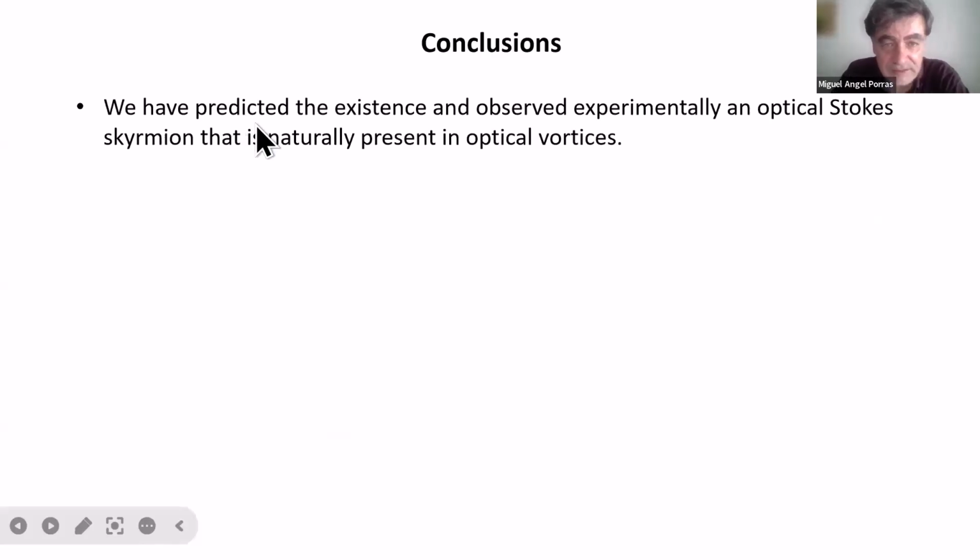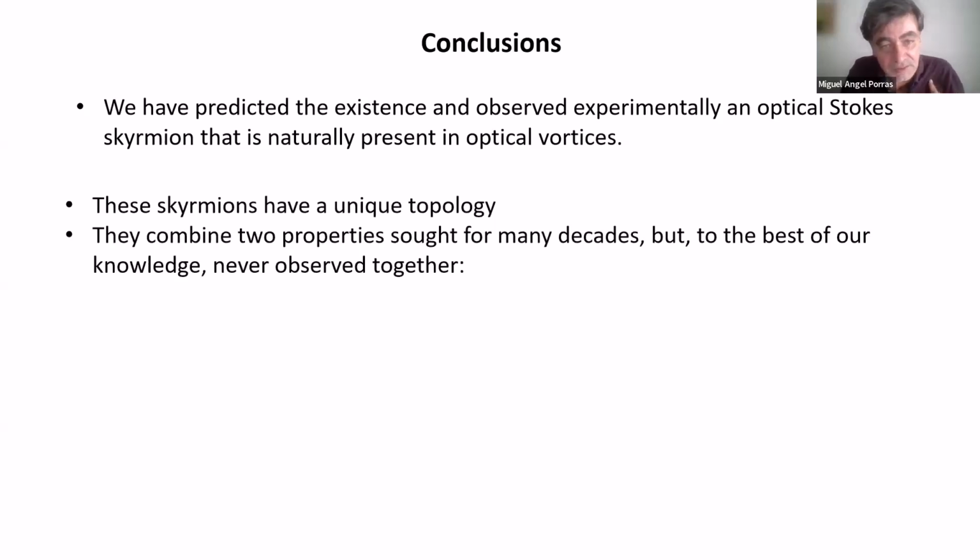So, as a kind of conclusion, in the first part we have predicted the existence and observed experimentally this different type of Stokes skyrmions that are not constructed but are naturally present in optical vortices, as demanded by the Maxwell equations. In addition to the new, unique topology with different polarization singularity, they combine two properties sought for many decades, I could say from the invention of the laser, but I don't want to be too strong, yet to the best of our knowledge never observed together.